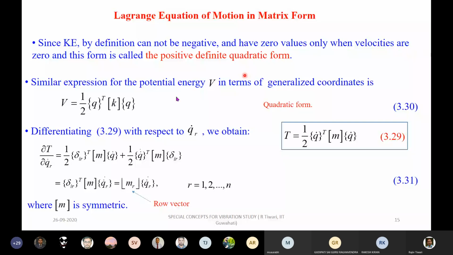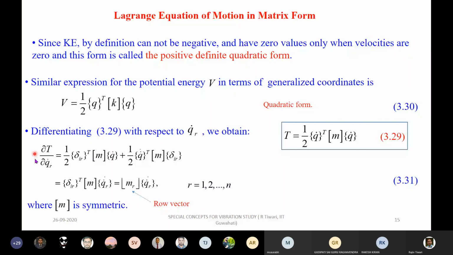Potential energy also has a quadratic form, but its positiveness I will explain subsequently, because it is not always positive. There are some specific cases, so we'll take them up as we encounter them. Now in the Lagrange equation, this particular differentiation is there.